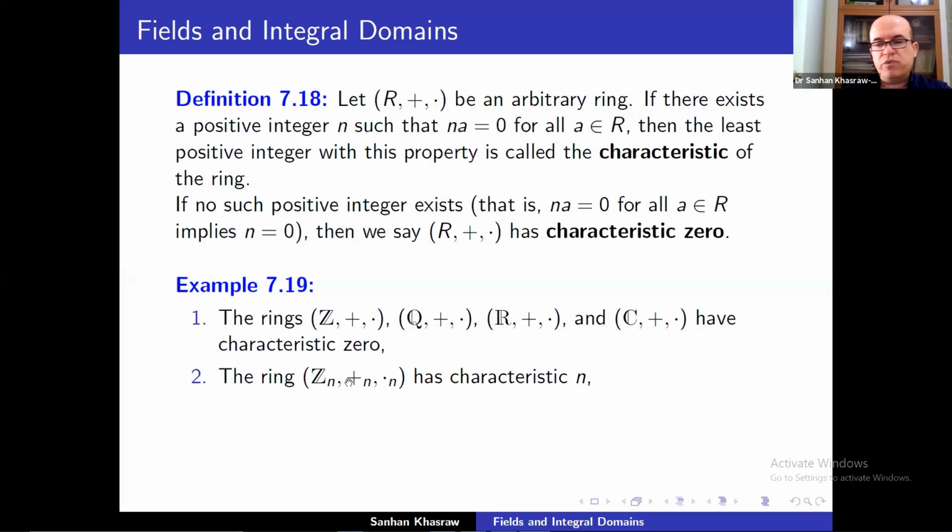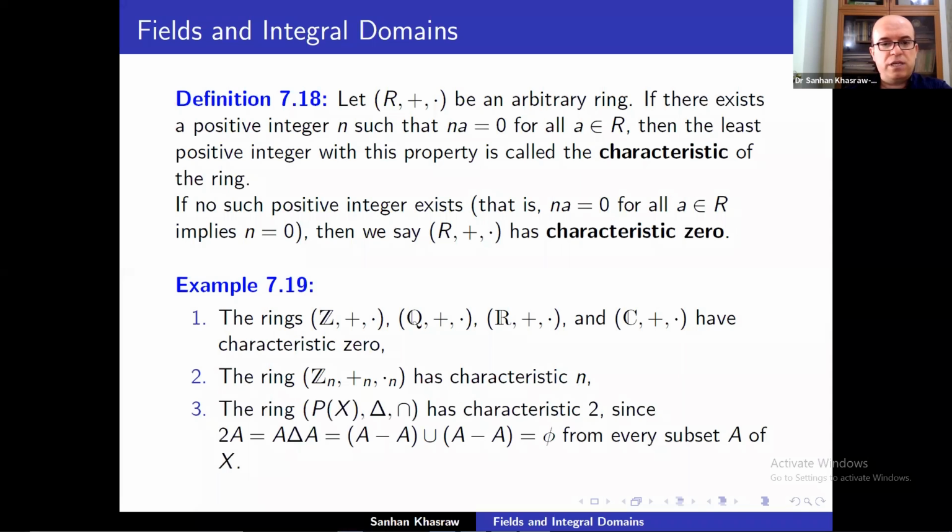But for the ring of integers modulo n, the characteristic is n. For example, if I take n equals 6 and multiply all elements by 6 and then take modulo 6, I get 0 everywhere. So for Zn, the characteristic is n.